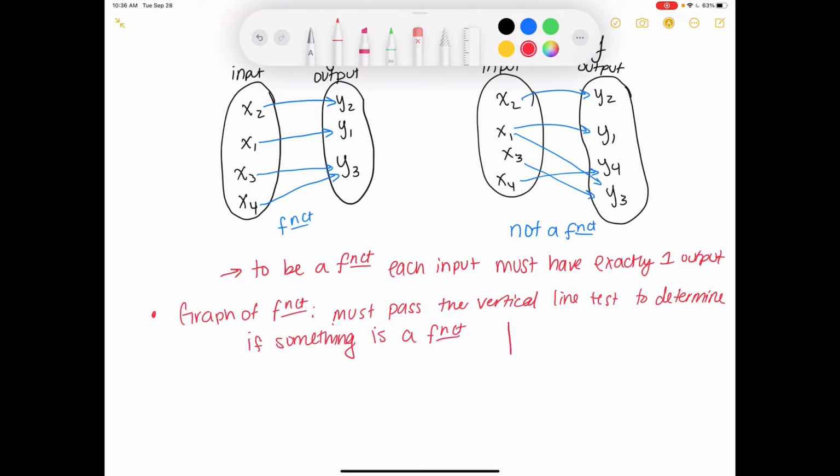Okay, so that implies holding your pencil up and down like that, and dragging it left to right. If at any point it hits twice, it is not a function.